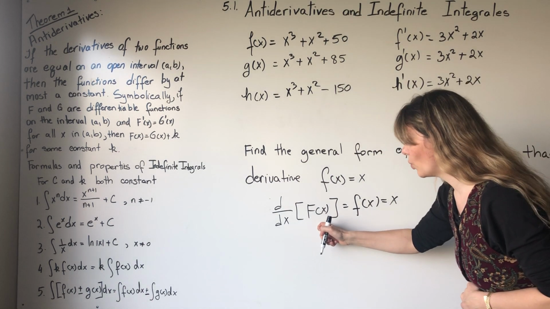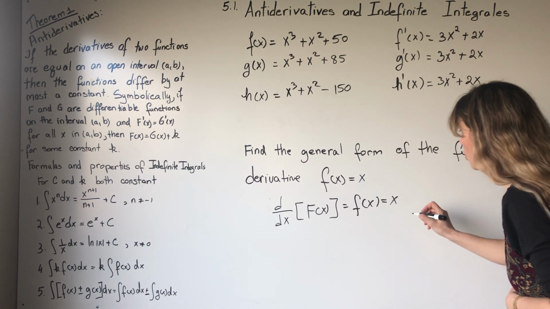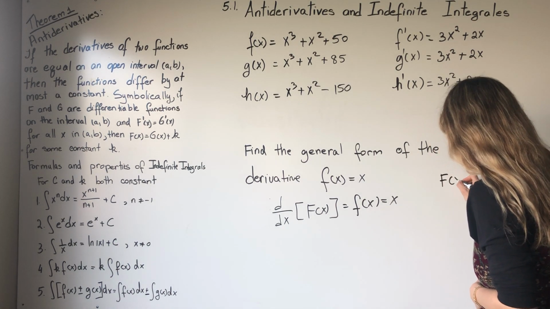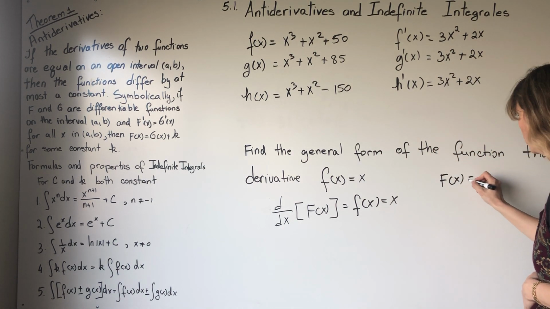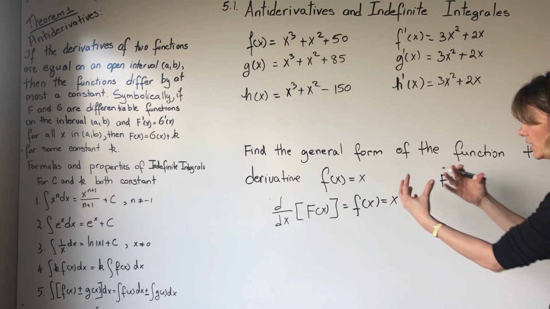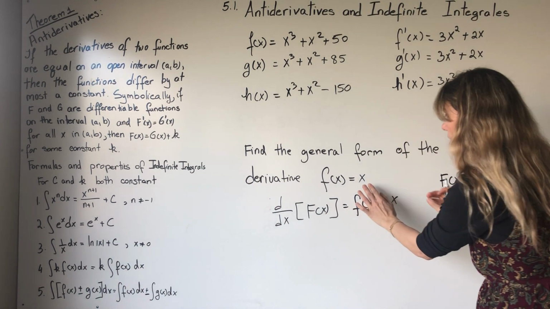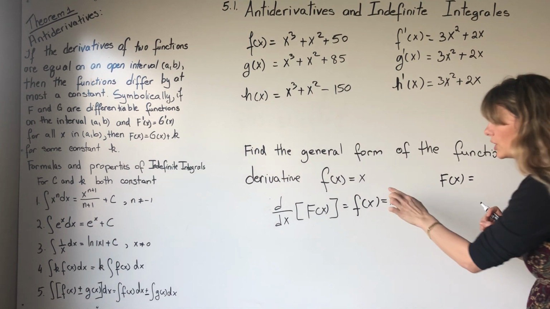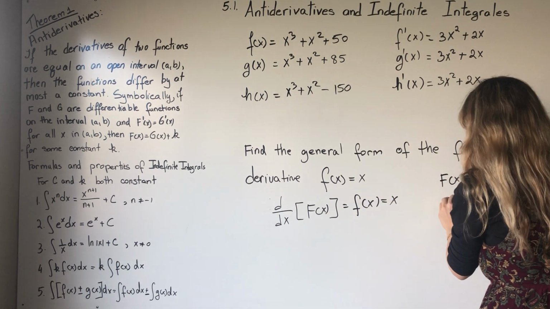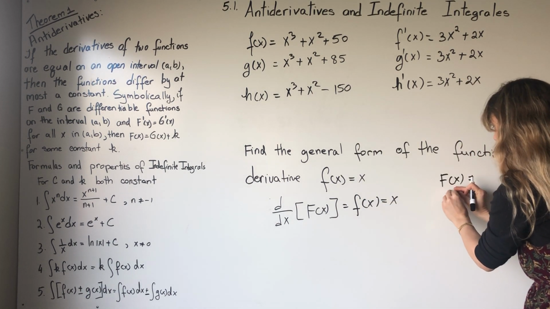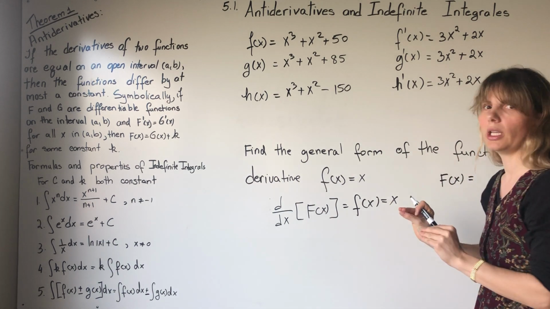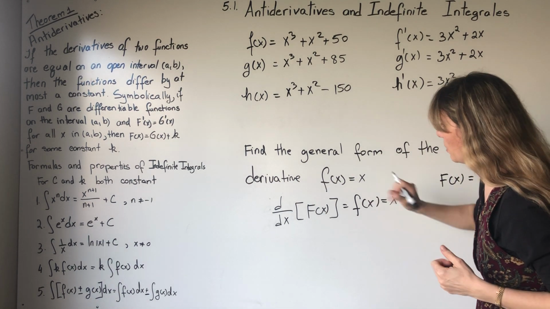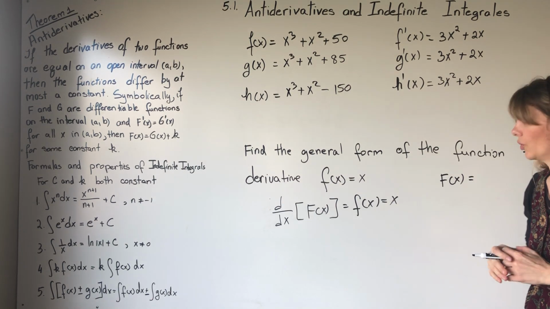So let's figure out what this function F of x is. The power on my original function, uppercase F of x, has to be 1 greater than the power of the function I took the derivative of already.